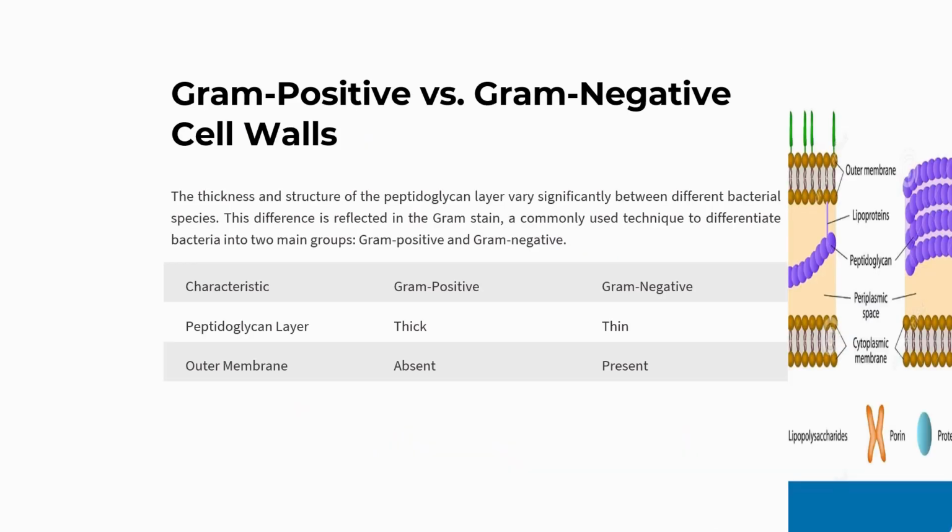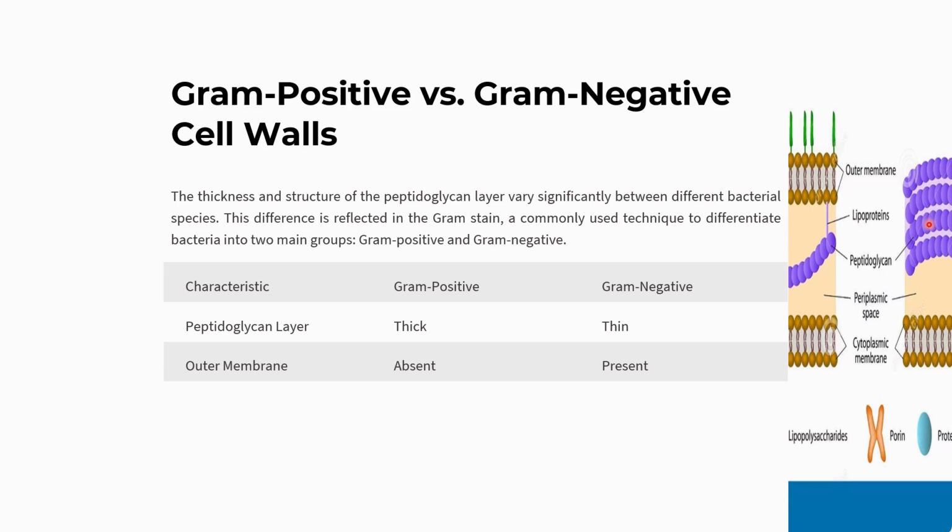Now the types of bacterial cell wall. Bacteria can be broadly classified into two groups based on their cell wall structure and response to the Gram stain procedure: Gram-positive and Gram-negative bacteria.